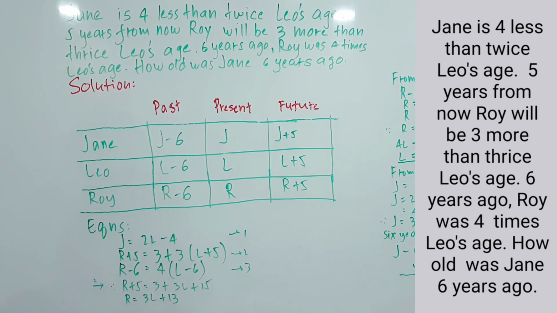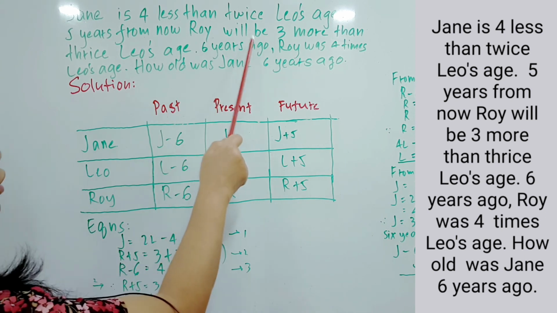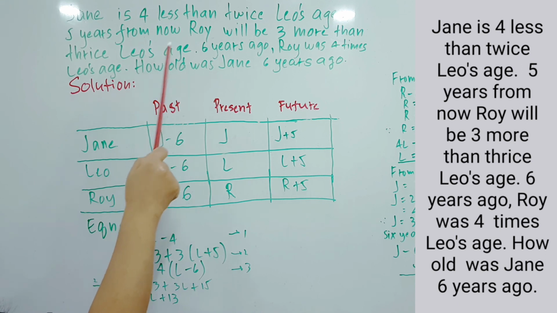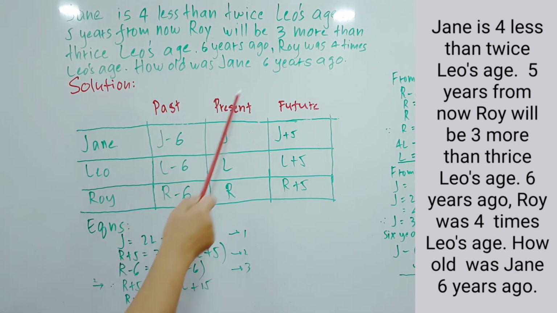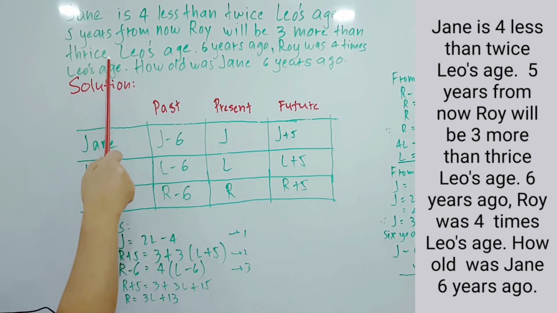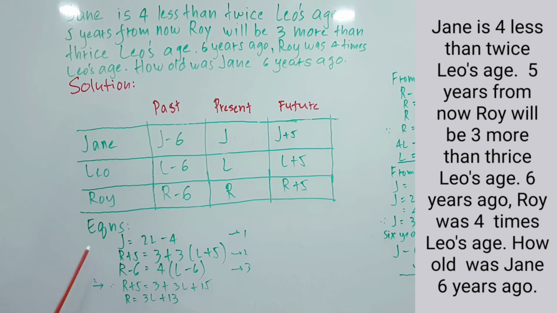Another equation, see, 5 years from now, that means we're talking about the future now. 5 years from now, Roy's age will be 3 more than thrice Leo's age. That means, additional 3 sa thrice Leo's age.